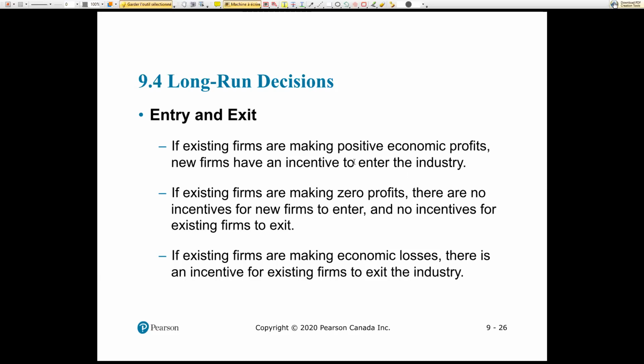Then what happens if these firms exit the market? There are going to be fewer firms, so they are going to be able to slowly but surely raise their prices and start making a profit again. That's why in the long run, you don't really see pure economic profits or pure economic losses. The situation always goes back to zero.